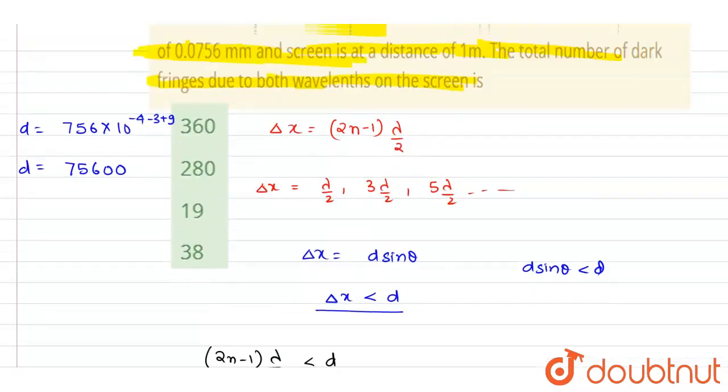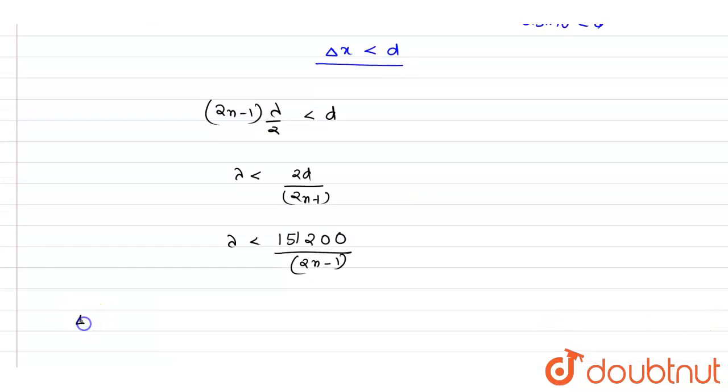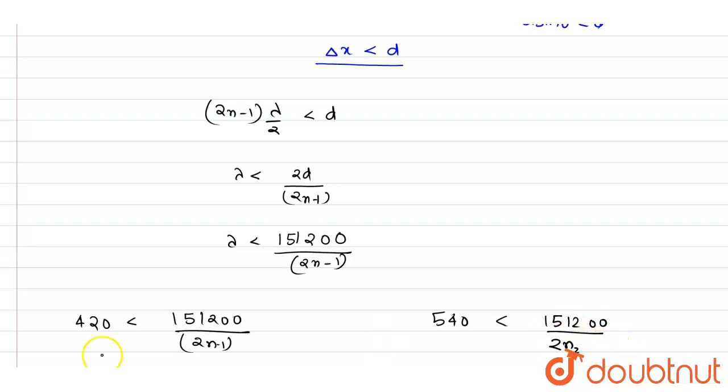The lambda 1 and lambda 2 are 420 and 540. For 420, it will be this, and for 540, I will write the same expression again: 151200 divided by 540, with n replaced by m, so 2m minus 1.